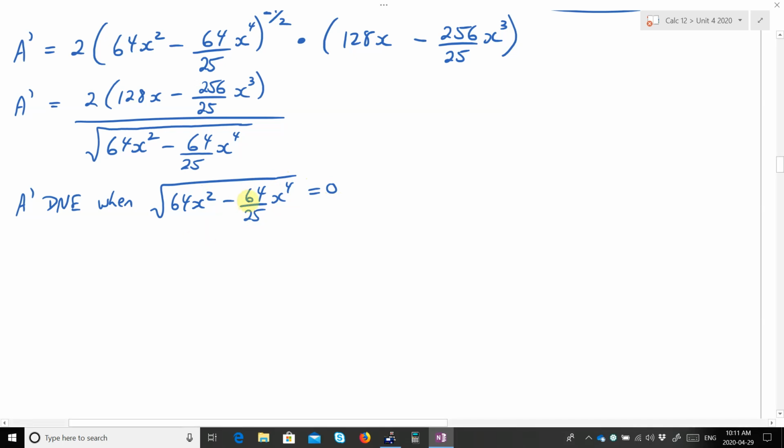Okay, which would mean that the inside of the square root would have to work out to 0, which would mean that 64x squared would have to equal 64 over 25 x to the 4th.